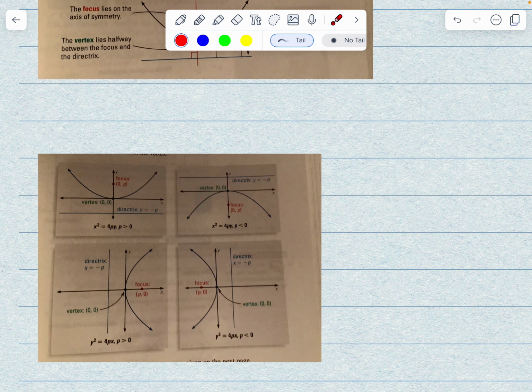That's the focus, right? It's (0, p). It's lying on the y-axis, so you can see this is (0, p). And remember, we said that this length is the same as this length. So that's why you can see that the equation of the directrix is y equals minus p. Okay.